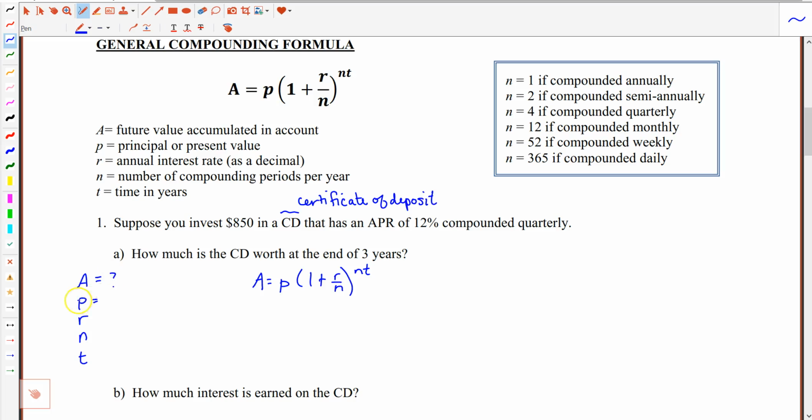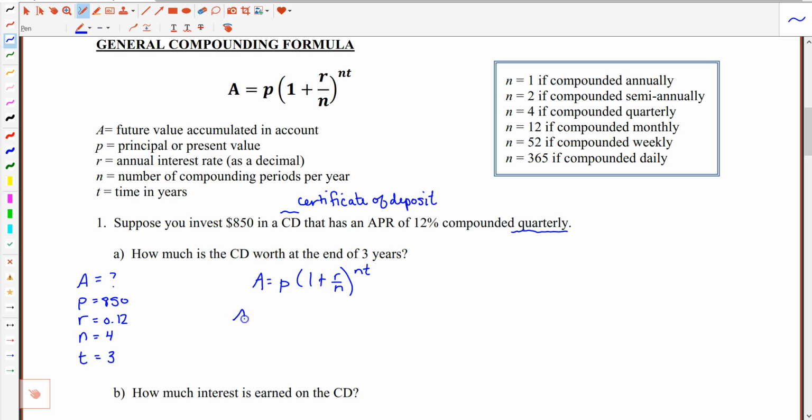P is the initial principal, which is $850. Little r is the APR of the account, but expressed as a decimal. n is the number of compoundings in a year, so since this is being compounded quarterly, my value for n would be 4. And then they said, how much is the CD worth at the end of 3 years? So my value for t would be 3.